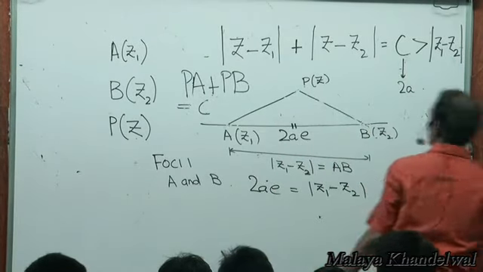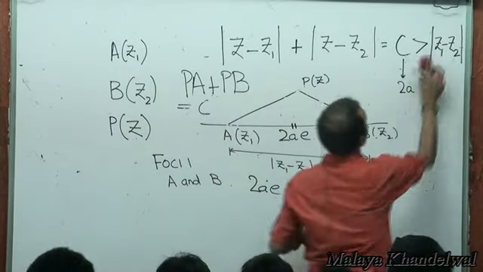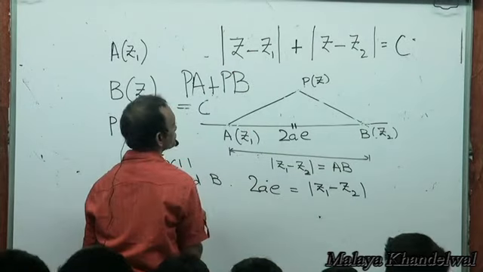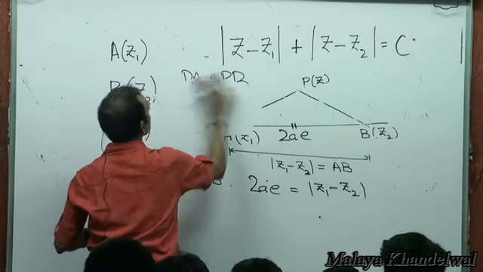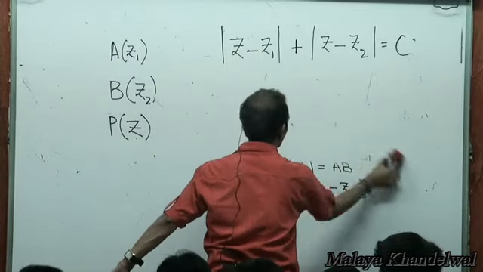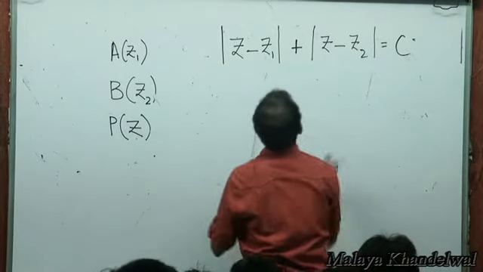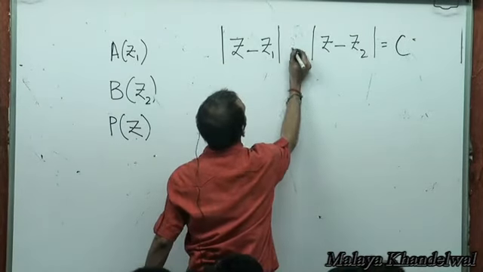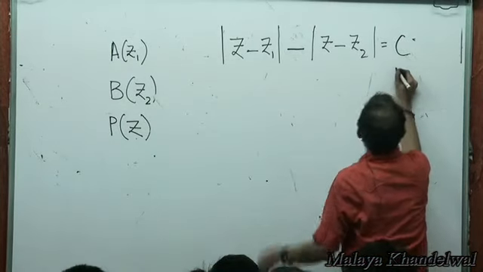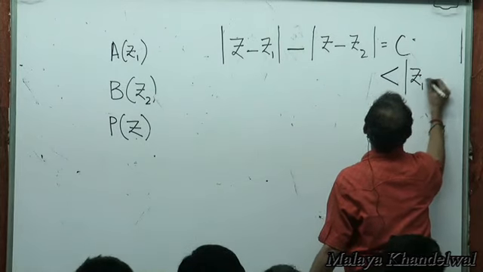Trust me. Go back and check your notes on ellipse. Now, suppose I change this a little bit. P moves in a manner that this minus this is a constant C, and C is less than mod Z1 minus Z2.